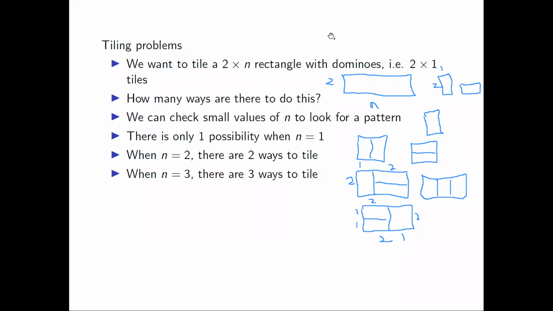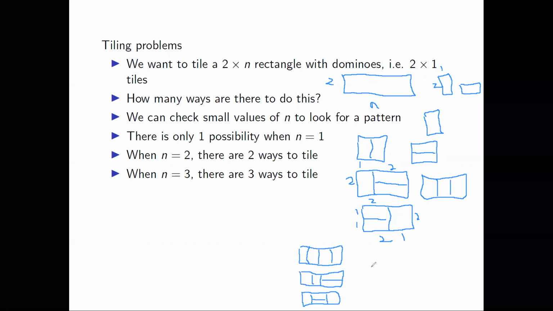And then let's look at the 2 by 4 rectangle. The first column we can do like this, so we can do all the columns like that. If the first column is like that, we can also do something like this. We can also have the first column like that, and then the second and third columns horizontal, and then something like that.